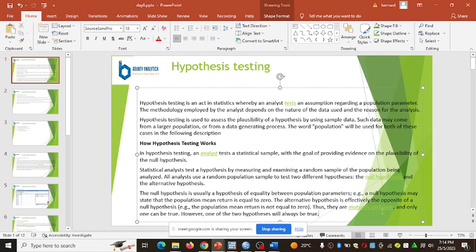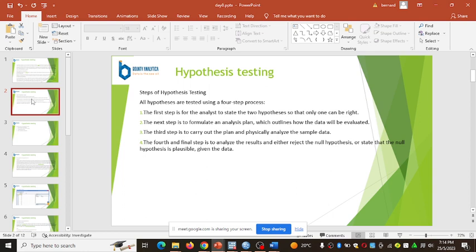Let's go to the second presentation here. Now, what are the steps for testing the hypothesis? Steps of hypothesis testing. All hypotheses are tested using 4 steps.